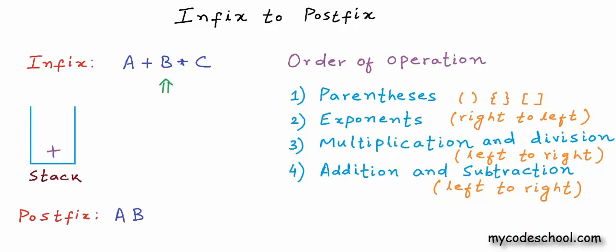In this case, we have this multiplication operator after B, which has higher precedence, and so the actual operand for addition is this whole expression B asterisk C. We cannot perform the addition until multiplication is finished. So while parsing, when I'm at B and I have not seen what's ahead of B, I cannot decide the fate of the operator in the stack. So let's just move on.